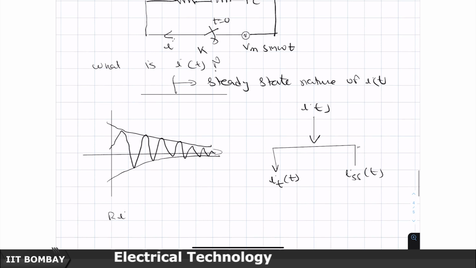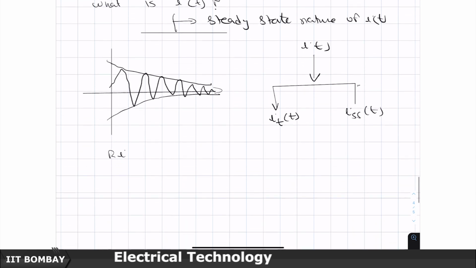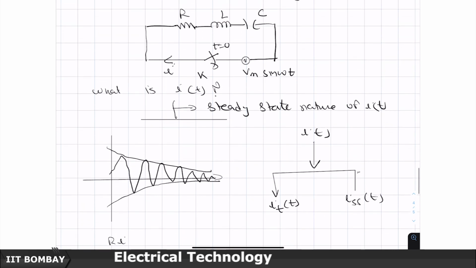The first component is R of I. So I am going to write V of t to be equal to the voltage drop across this, VR plus VL plus VC, with plus or minus signs as appropriate.